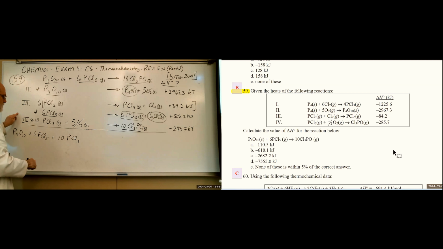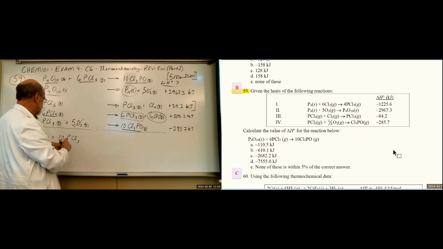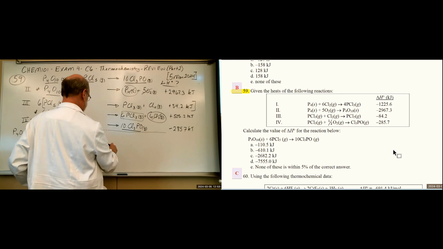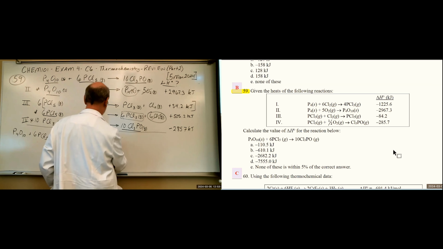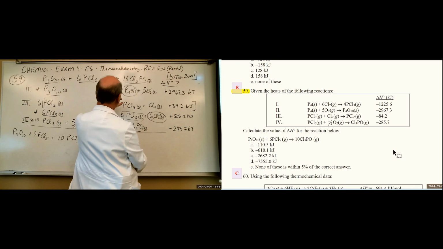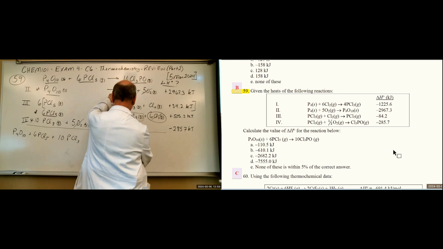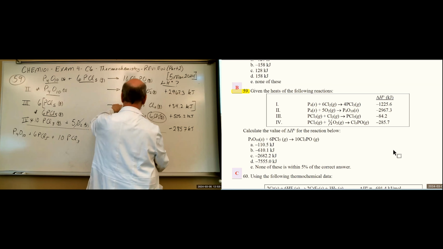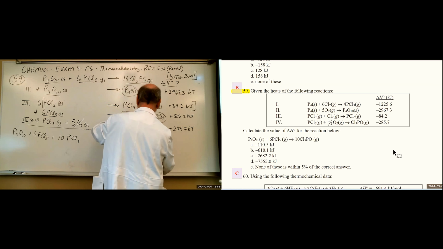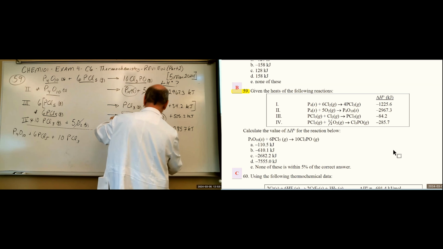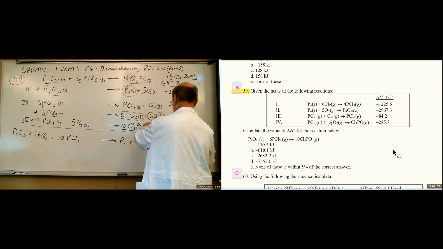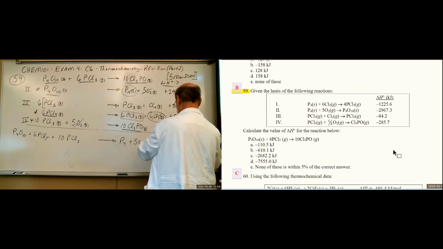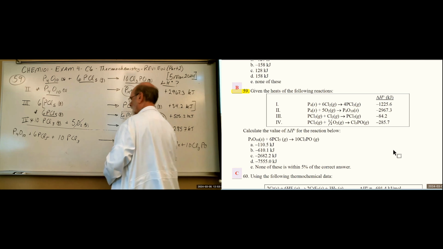Oh, that's where it is. Okay, I can see the problem already resolving itself. And then this one we have P4, 5 O2, 6 PCl3, 6 Cl2 plus 10 Cl3PO. Okay.